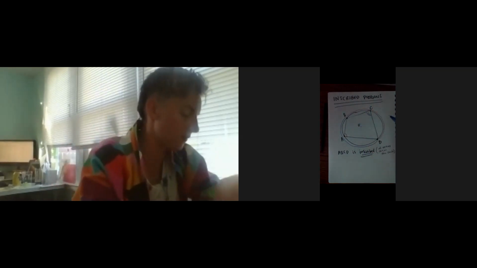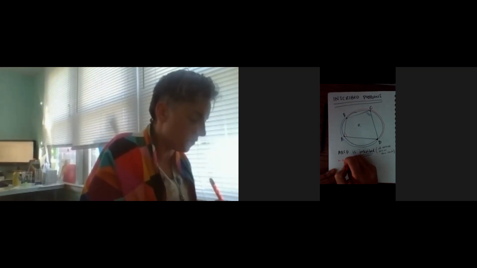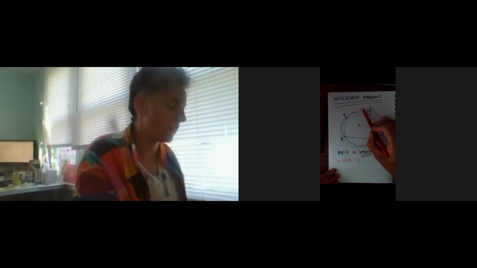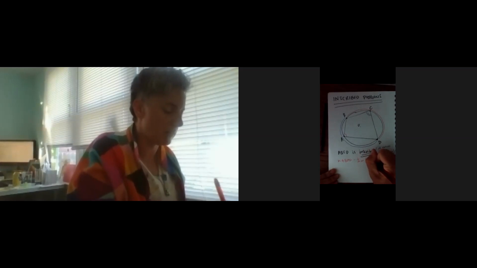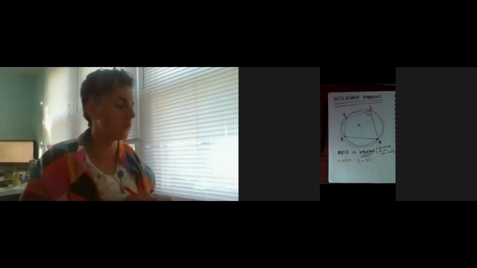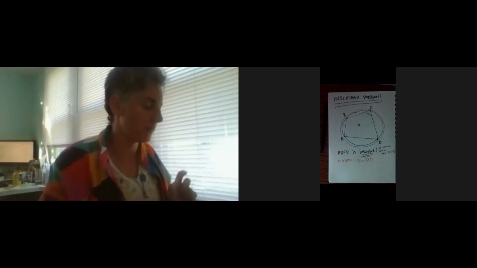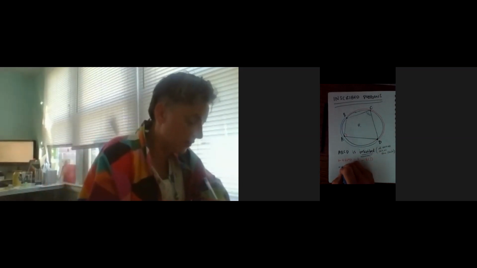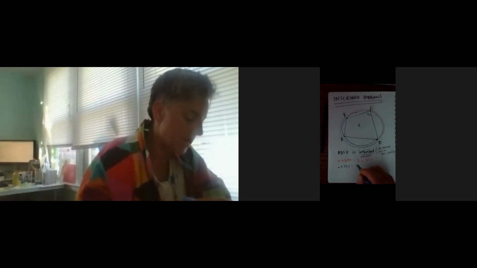And together, let's actually just write out what we just said. So the measure of angle BAD is equal to 1/2 the measure of the arc BCD. Because I'm not sure if it's over 180 or less than 180, just in case, I'll say that it is a major arc. And we know that the measure of angle DCB is half of the arc BAD.